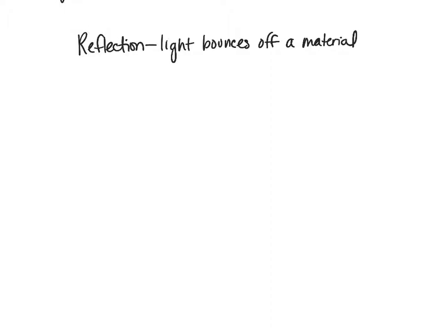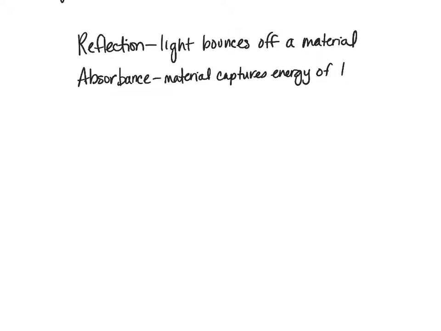The next term you should be familiar with is absorbance. Absorbance is when the material captures the energy of the light. I did just use that in the cloth example where it absorbs things.